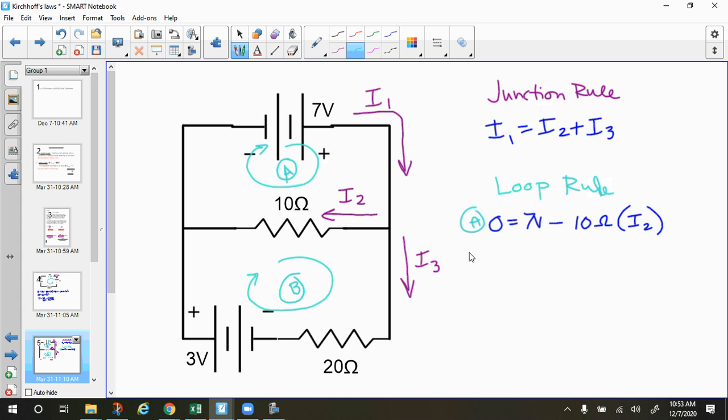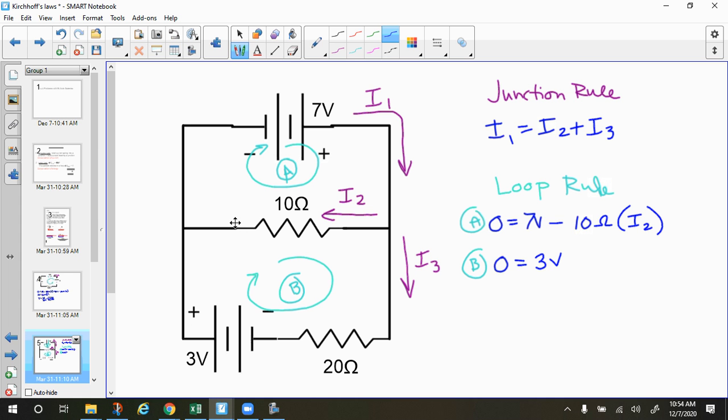We can also write an equation for loop B now. And for loop B, I'll start at the battery: 0 equals 3 volts, because we're going through the battery the normal way. If we were to start here, we add 3 volts of potential difference.